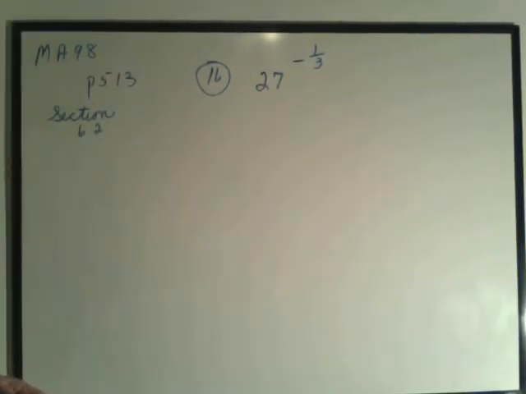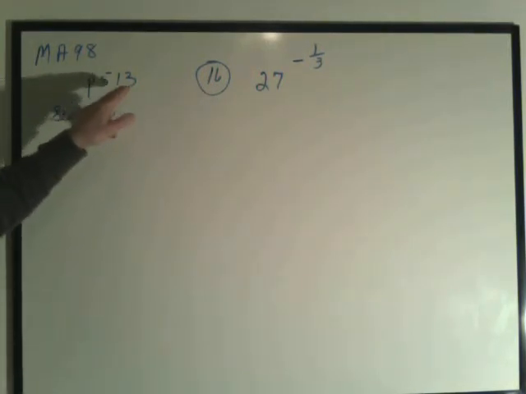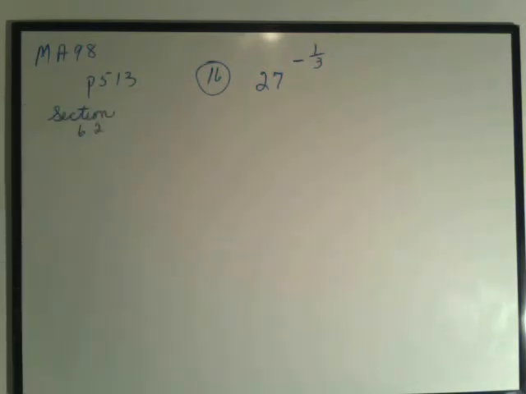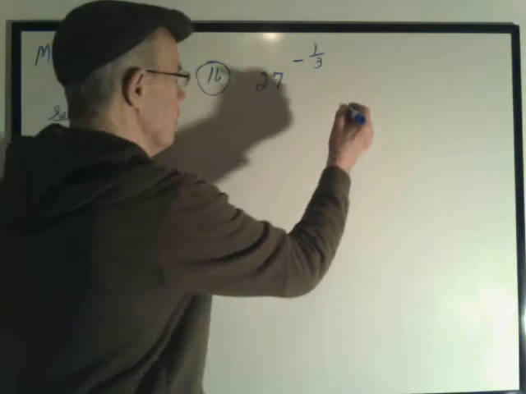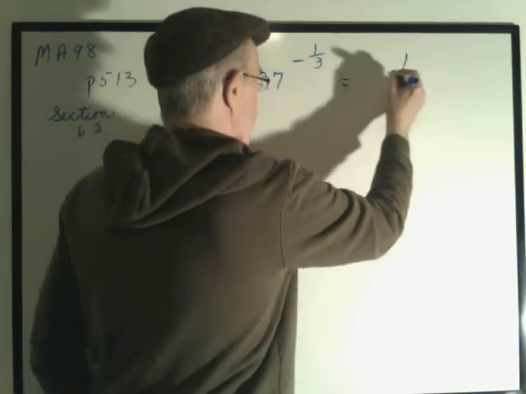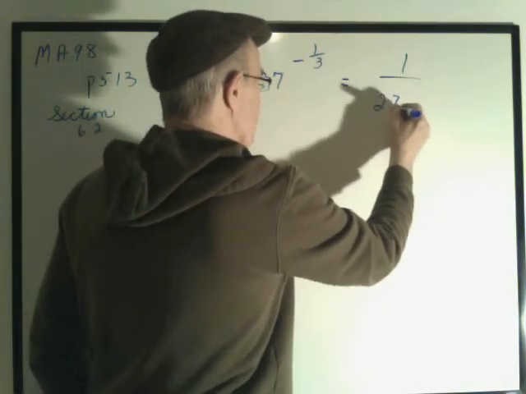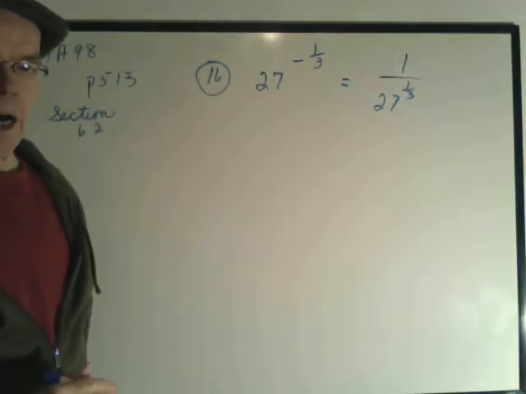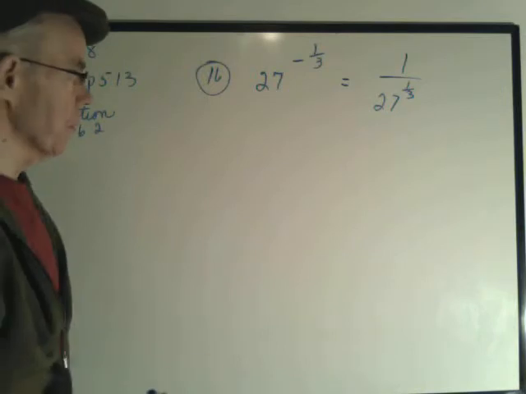Okay, MA 98, Intermediate Algebra, page 513, section 6.2, number 27, 27 to the negative 1/3. When you have a negative exponent, negative exponents go in the denominator, and it becomes a positive exponent.